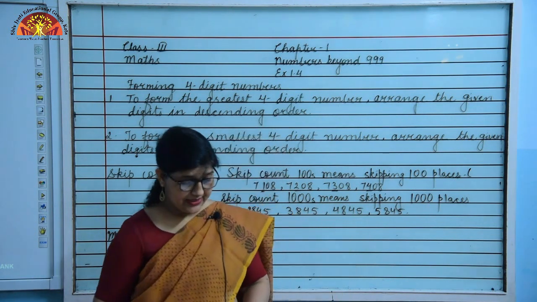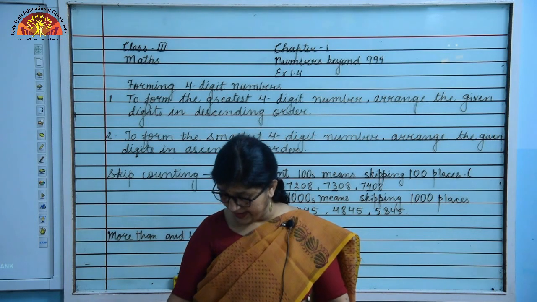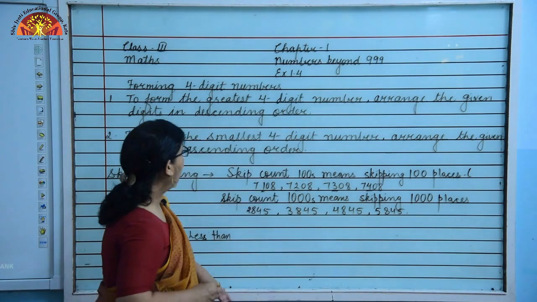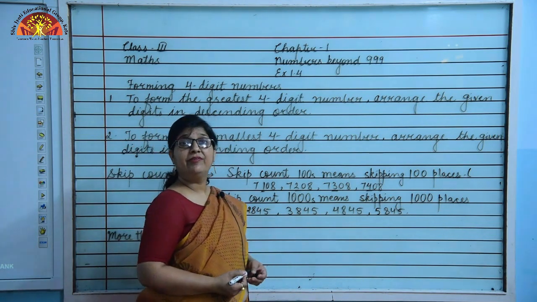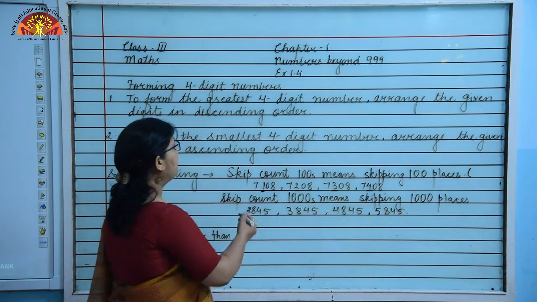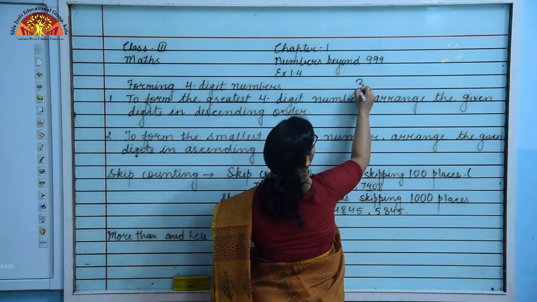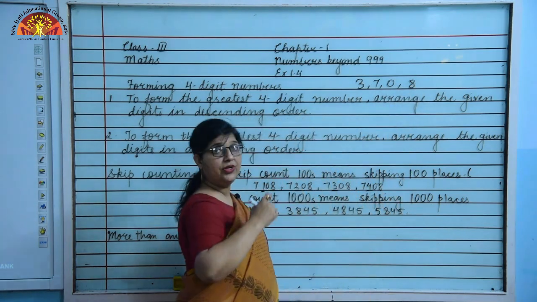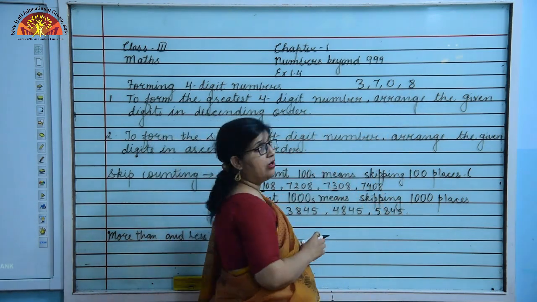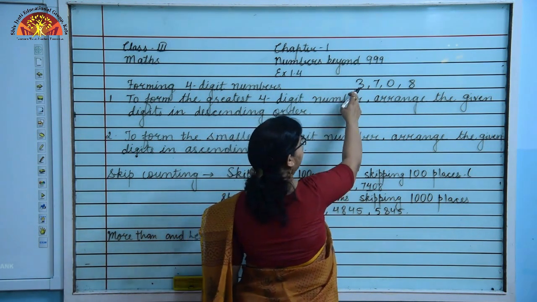Now first we will discuss forming 4-digit numbers. Students, open your book to page number 12. Now, forming 4-digit numbers from the given 4 digits. Suppose we have digits 3, 7, 0, 8. These are 4 digits and we want to form the greatest and smallest number from the given digits.